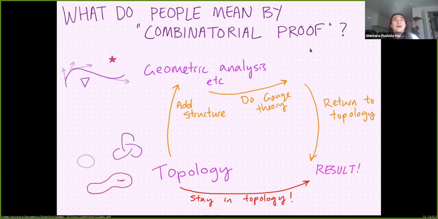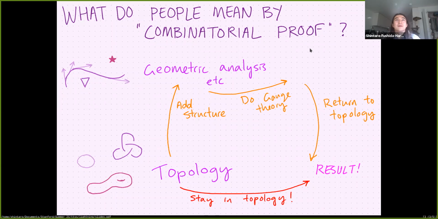The first is that in adding a bunch of structure and then proving things, it gets very technical and difficult. Proving that everything is well-defined takes hundreds of pages in the original papers.